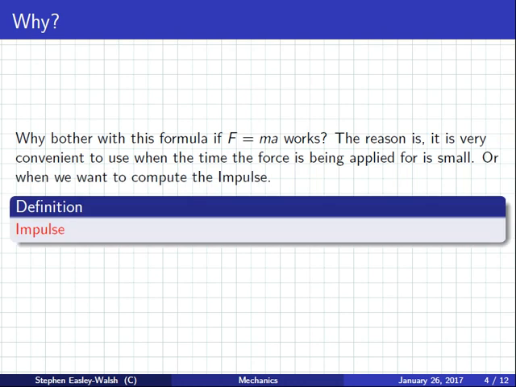Now, does anybody know this word impulse for physics, what it means? Impulse? Very good, yeah. The impulse is just another name for the change in momentum, which is delta P. That's all. So that delta P on the top is actually called the impulse.